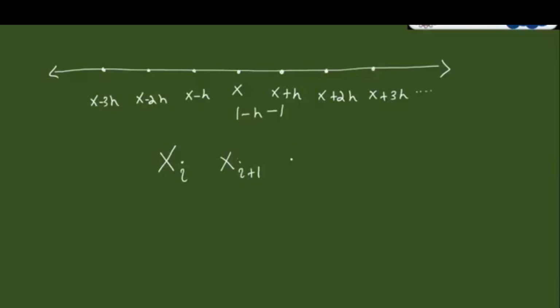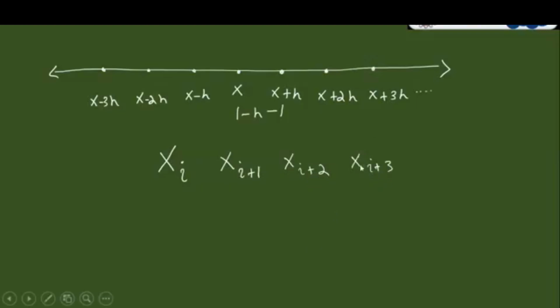Similarly, if I write x i plus 2, this means that this is the reference value, and I am talking about this value, which is 2 units of h ahead of it. And similarly, I can say i plus 3.